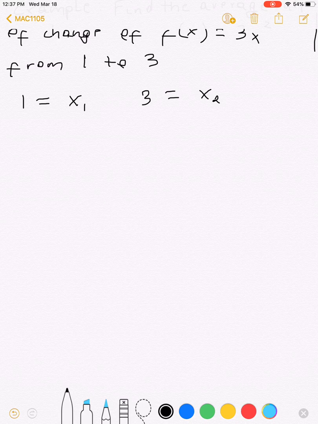So now what we need to do, we need to find y1 and y2. How are we going to do it? We're going to replace x from the equation with 1 to find y1, and we're going to replace x in the equation of the function with 3 to find y2.